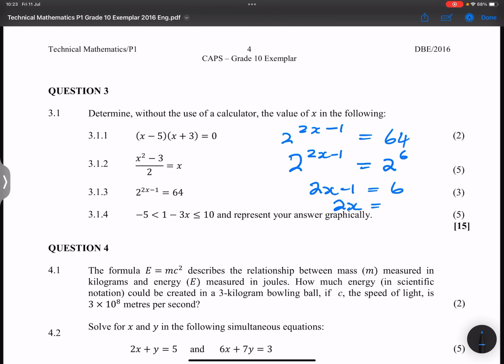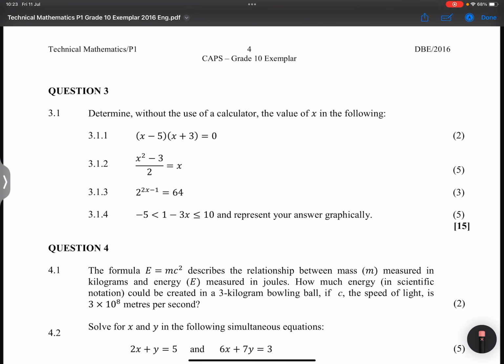And so 2x is equal to 6 plus 1, take the 1 to the other side, remember it changes sign. So we can divide both sides by 2, and so x will be 7 over 2. All right, and that is how the cookie crumbles. Let's go to the next question.